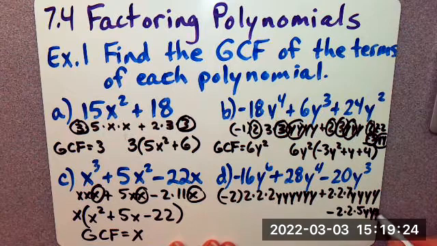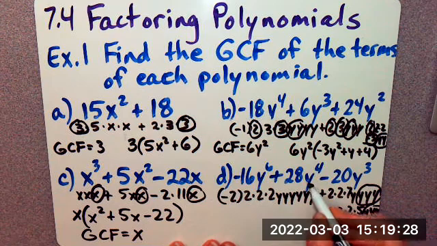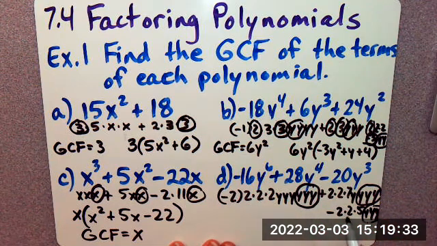All right, so we see there's 3 y's here and 3 y's here. So those are a common factor. This has 2 2's, that has 2 2's, and that has 2 2's. So we can take those 2's out.